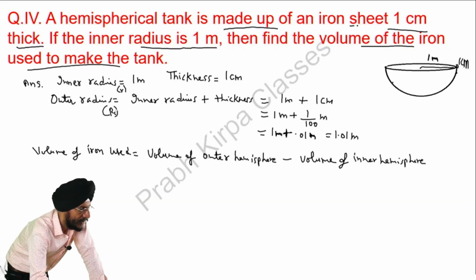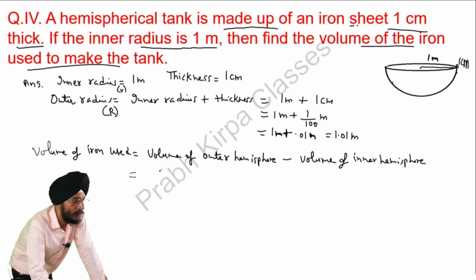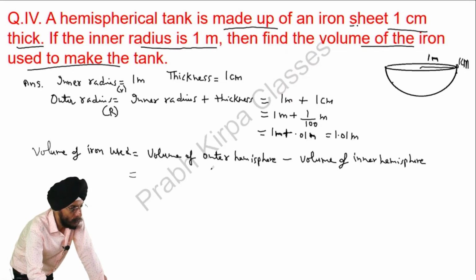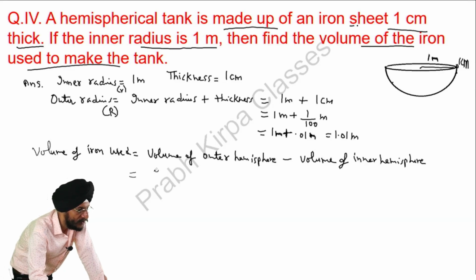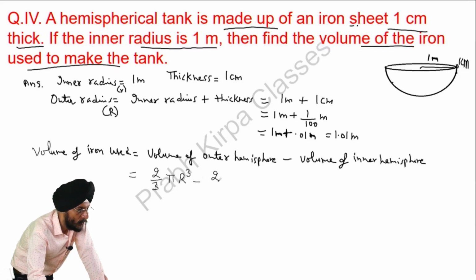Here we will write outer radius as capital R. Now we will use the relevant formula to calculate the volume of outer hemisphere. It is 2 over 3 pi R cube. Now here we will use outer radius, so R will be in capital letters. Now what is the volume of inner hemisphere? It is 2 over 3 pi r cube. Here r is small, in small letters, it is inner radius.